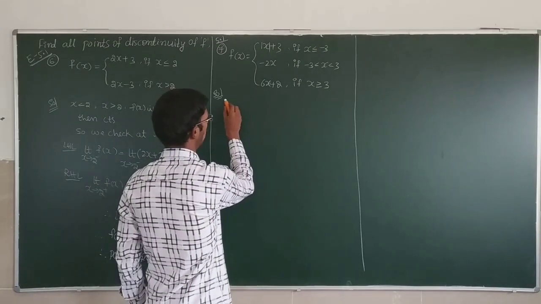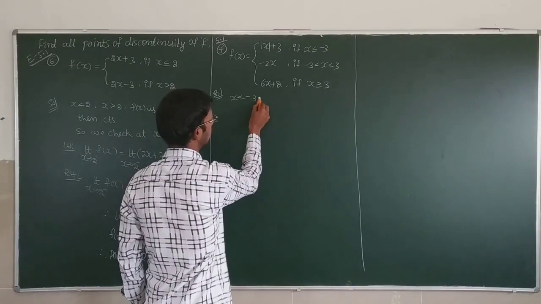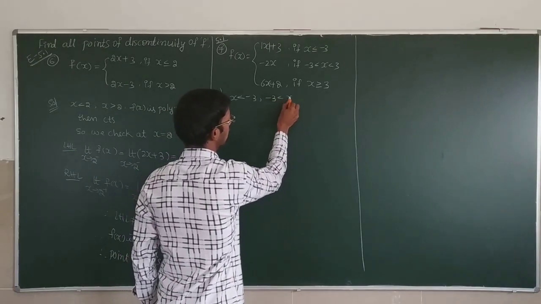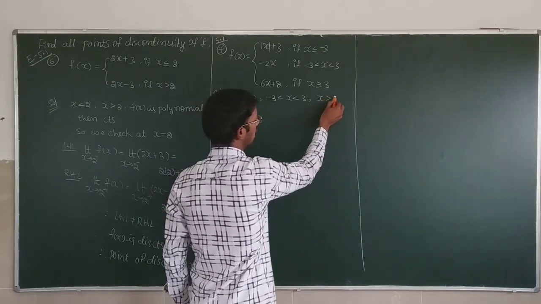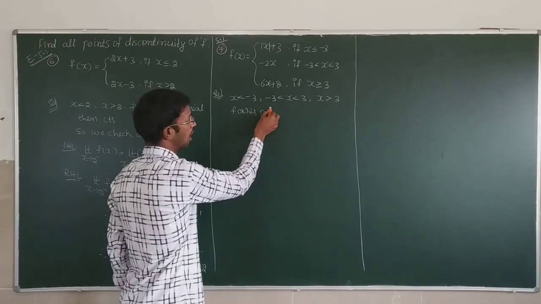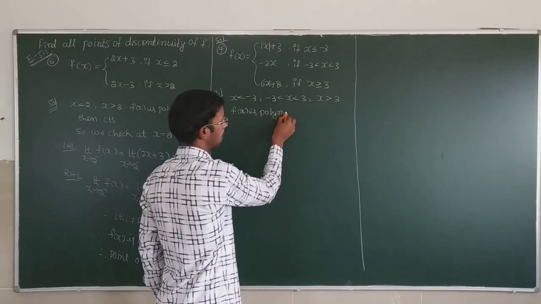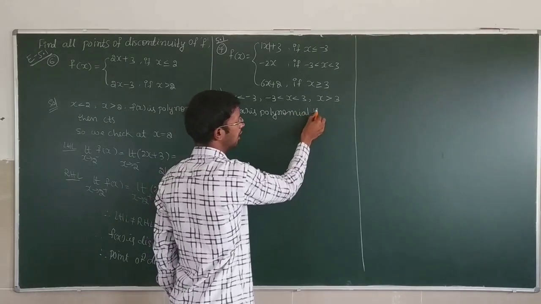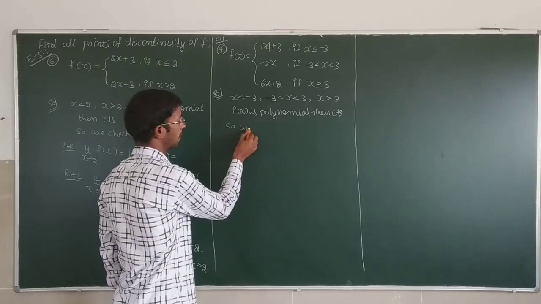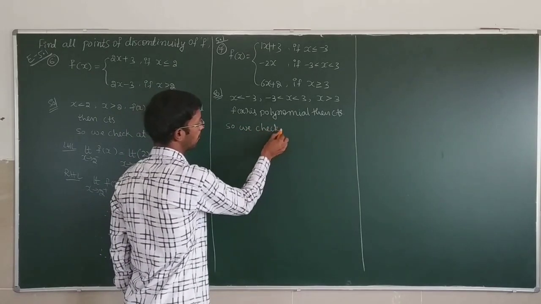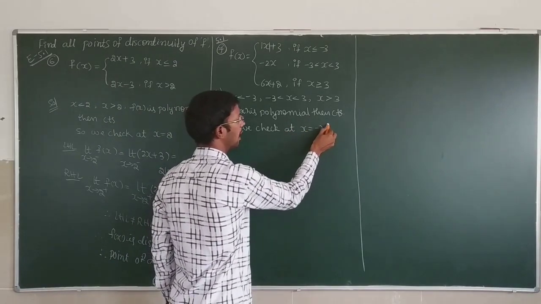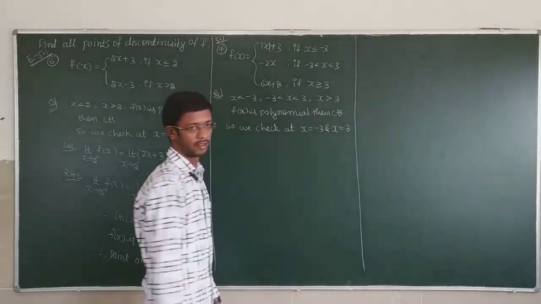So x less than minus 3, minus 3 less than x less than 3, x greater than 3, f of x is a polynomial, then continuous. So we check at x equal to minus 3 and x equal to plus 3.